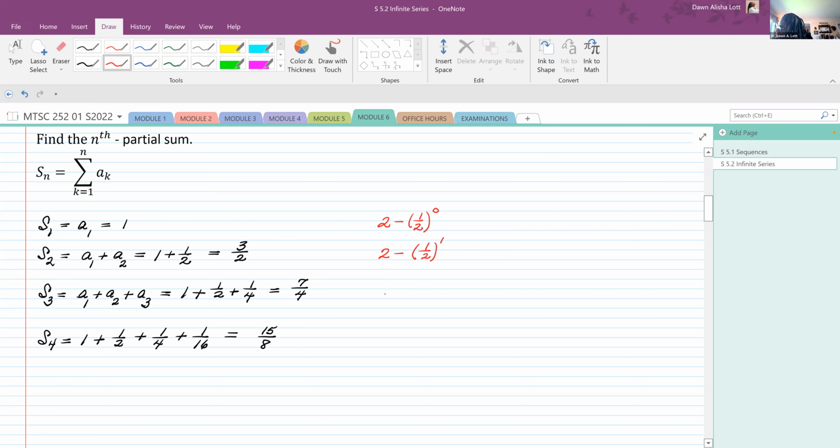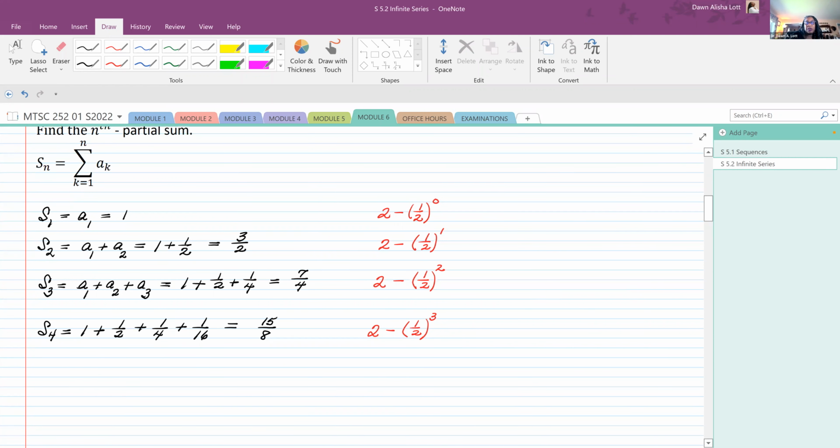If I take 2 minus 1/2 squared, that is 2 minus a fourth, I end up getting 7/4. And this is 2 minus 1/2 cubed. So 2 minus 1/8 is indeed 15/8.